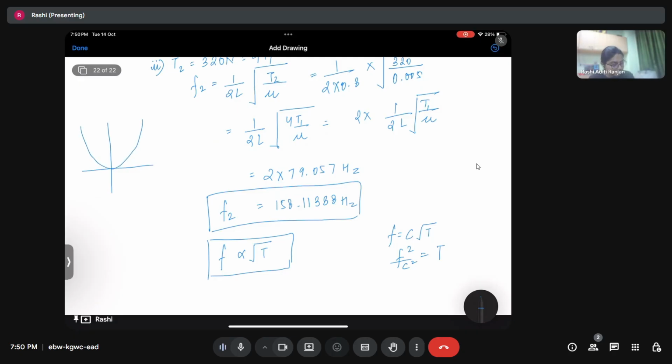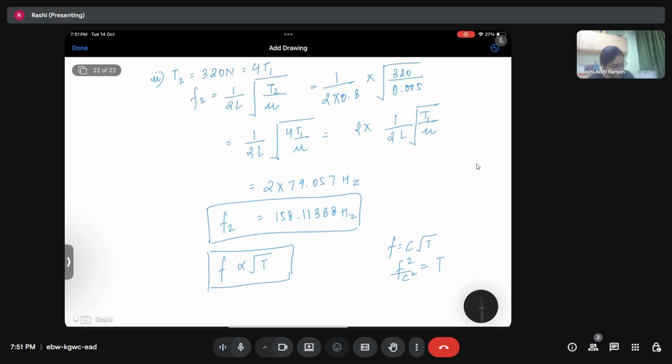Okay. And when we plot x is equal to y square, how is the plot? Something like this. That is what we have over here, right? We have tension as f square.